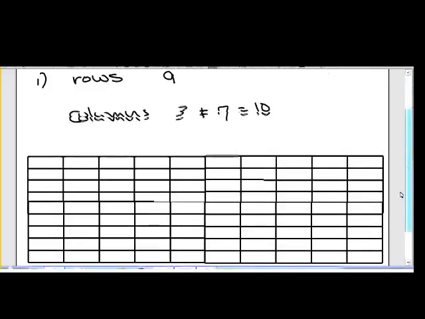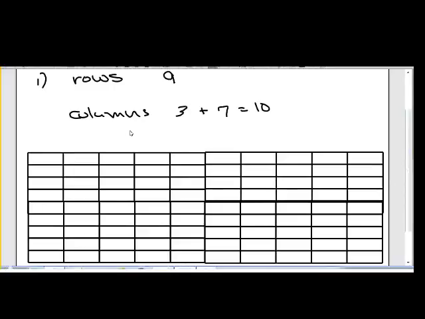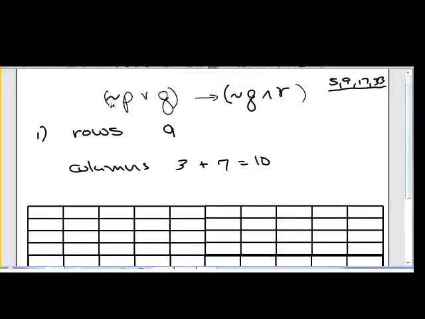Let's see who we're going to ask. Yes, Justin. Wait, where did you get the 7? Well, Timber got it from 1, 2, 3, 4, 5, 6, 7. So there's 4 for the different letters or the negation of the letters. So this counts as 1. This counts as another. That counts as another. So there's 4 of those. Plus we have 3 logic symbols. So you get 4 plus 3 is 7.